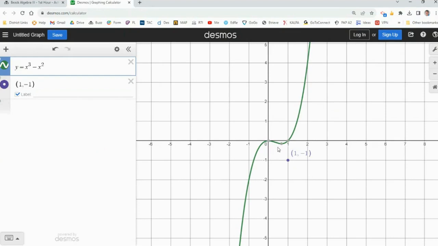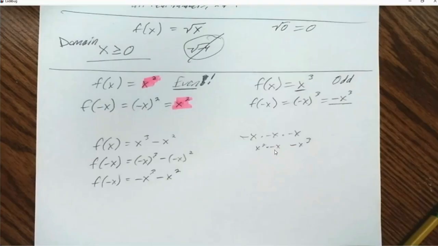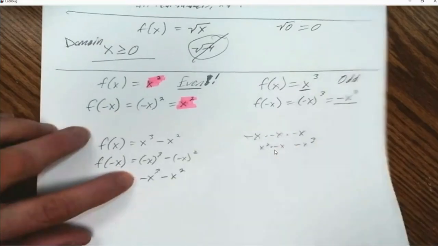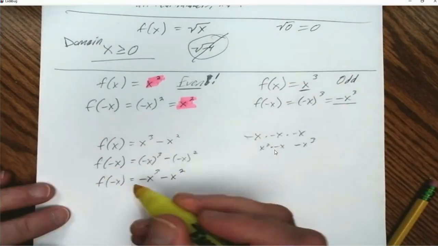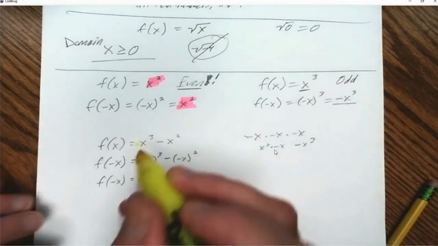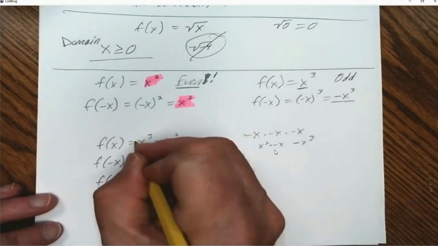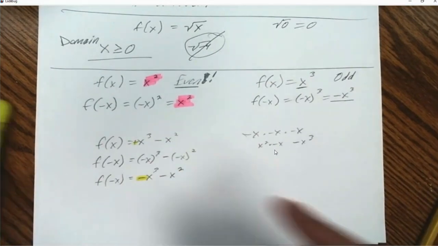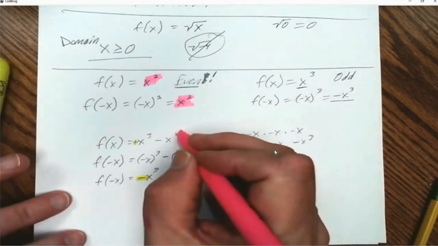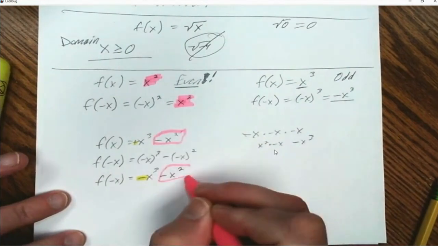It's not odd. And we should have seen it's not here, because is this the opposite of this? Well, this is the opposite. This was a positive x to the third, so it became negative. But this is exactly the same. This is the same as this.